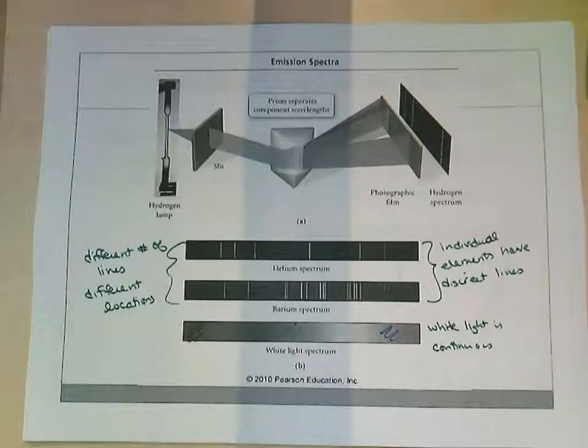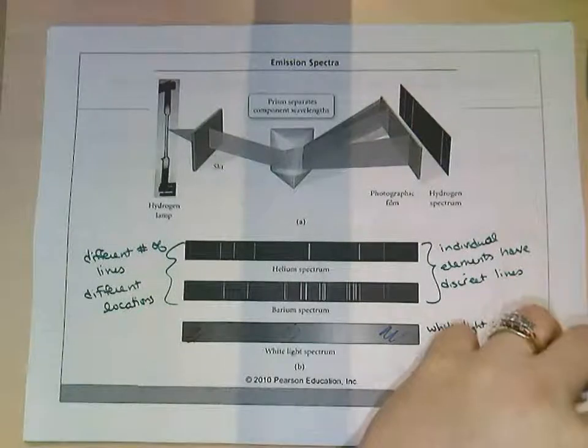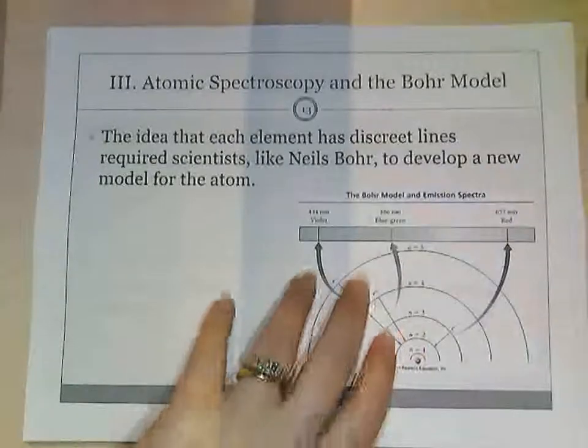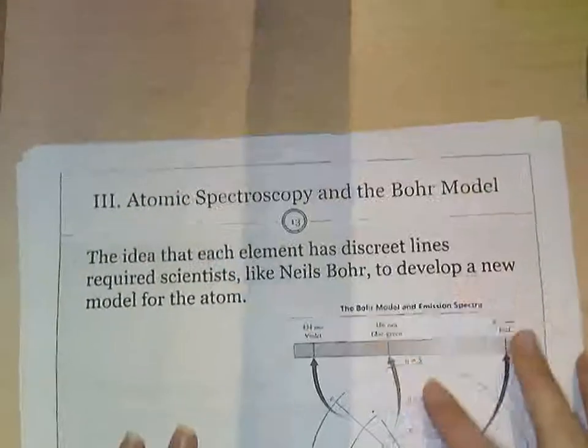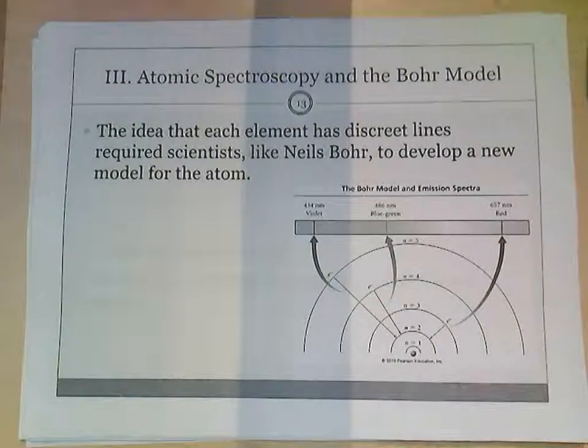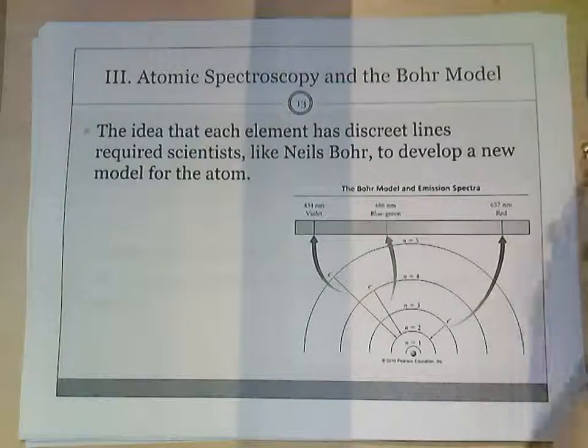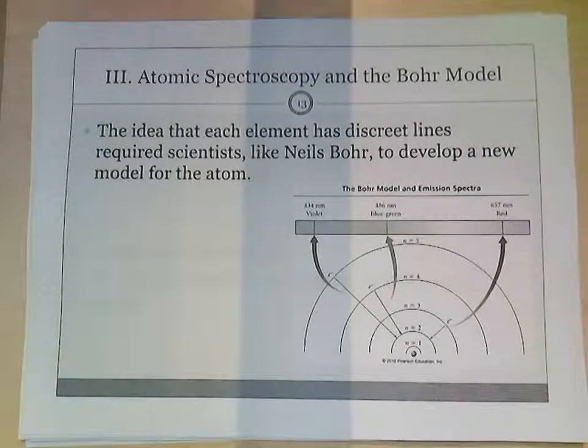All right, so that was a good experiment, but then we had to put that together with what we knew about the atom at the time. So the idea that each element has discrete lines required the scientists at the time to develop a new model for the atom.